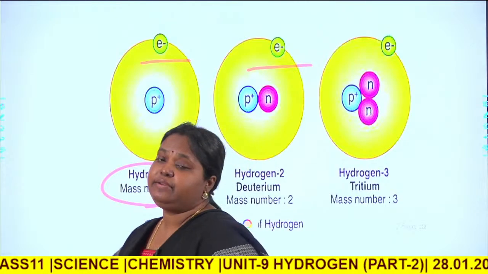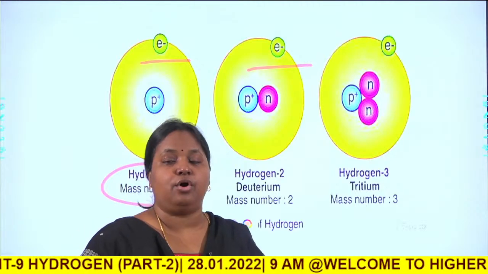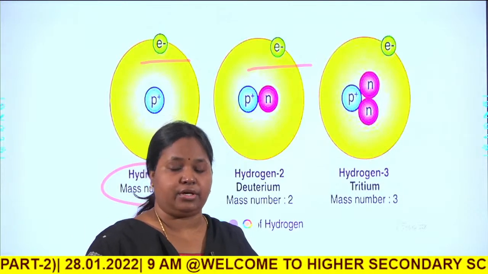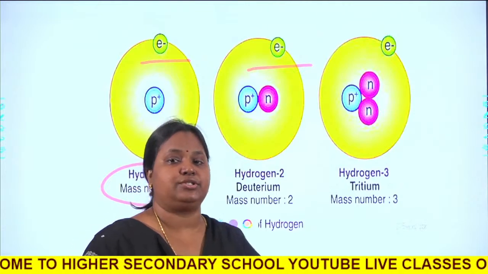But since their mass numbers are different, the rate of reaction or the equilibrium point will be different for different isotopes.